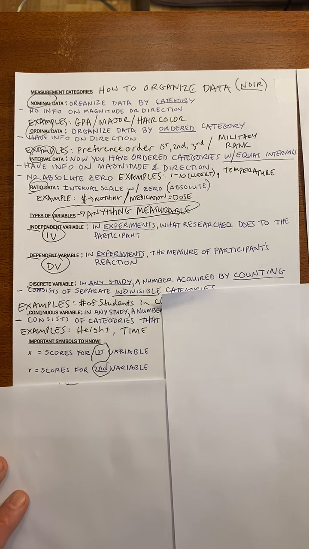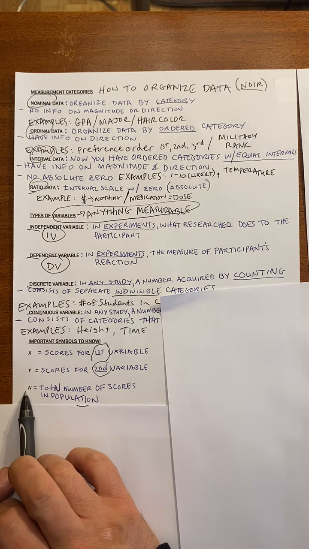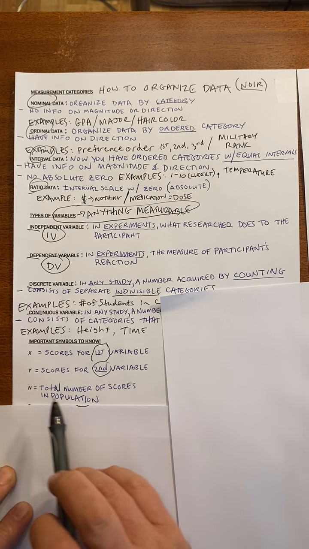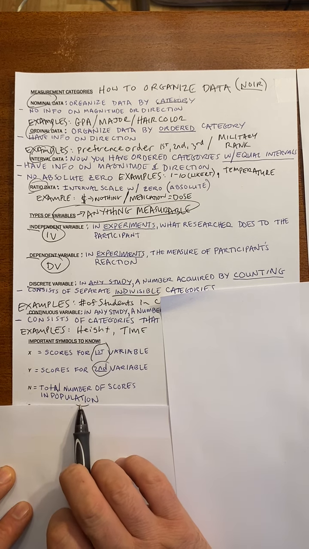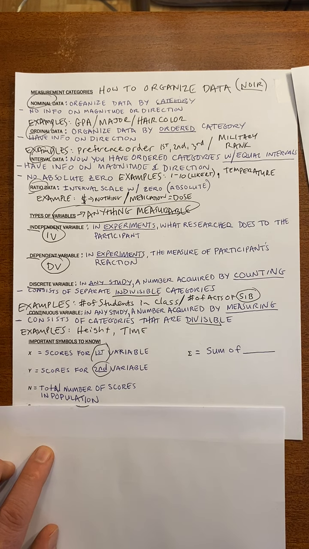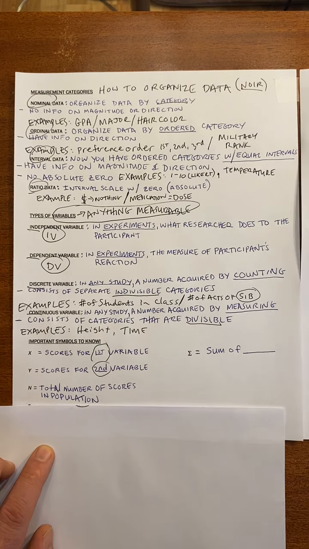Next symbol that we want to make sure that we understand is the uppercase letter N. Here we're saying that uppercase N represents the total number of scores in a population. Let's look where this might have been used earlier in the lecture, right? So here we're talking about population, total number of scores.